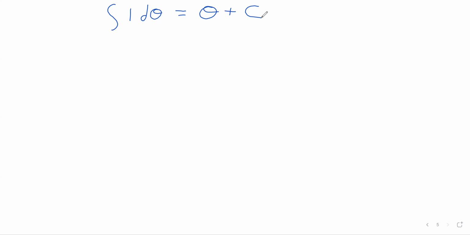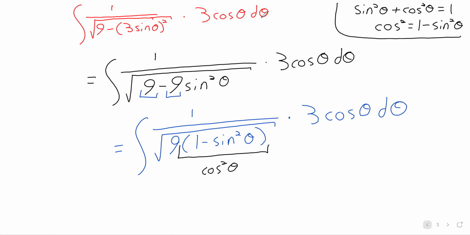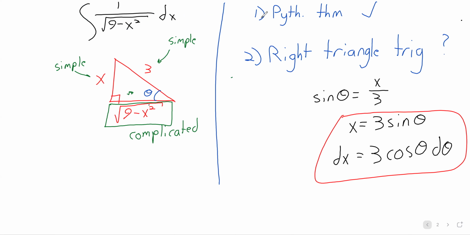Theta is just this thing we made up. So the question becomes, well, how can we go from theta to x? And the answer varies. Sometimes you end up using that right triangle and right triangle trigonometry.